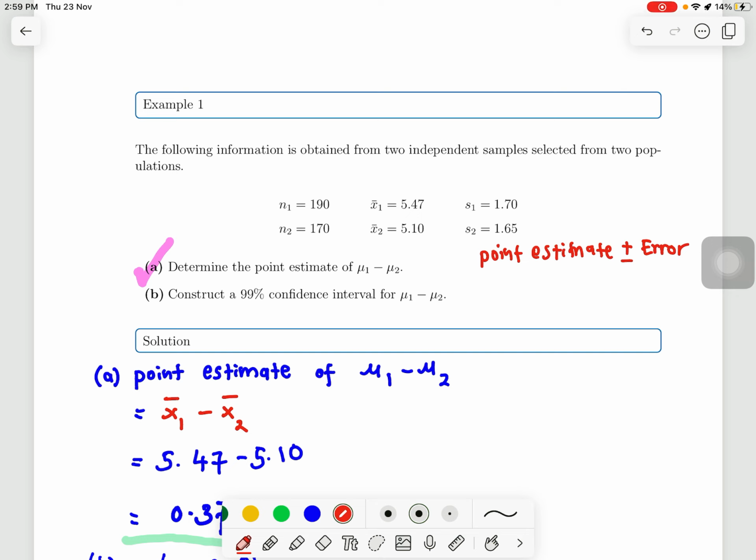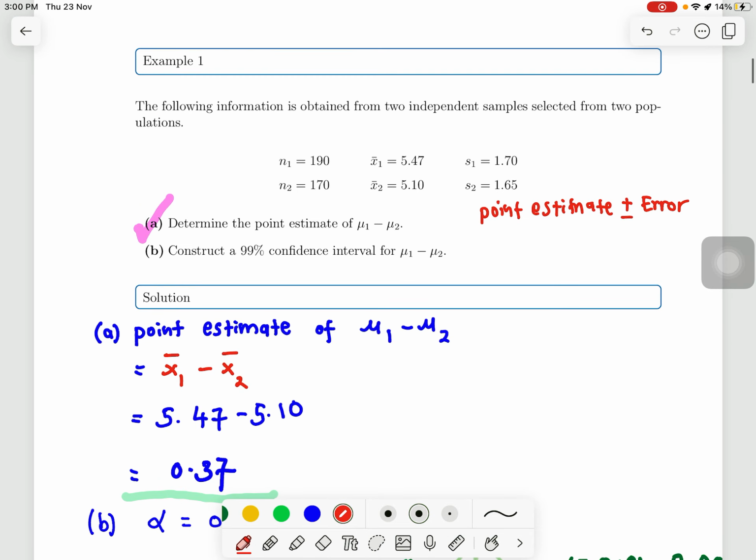Okay, so you know that the point estimate for one sample, one population, is x bar plus minus z alpha over 2 sigma over square root of n. So for two populations, they just follow that formula. So our point estimate is the difference we take from A, x bar 1 minus x bar 2 plus minus error.